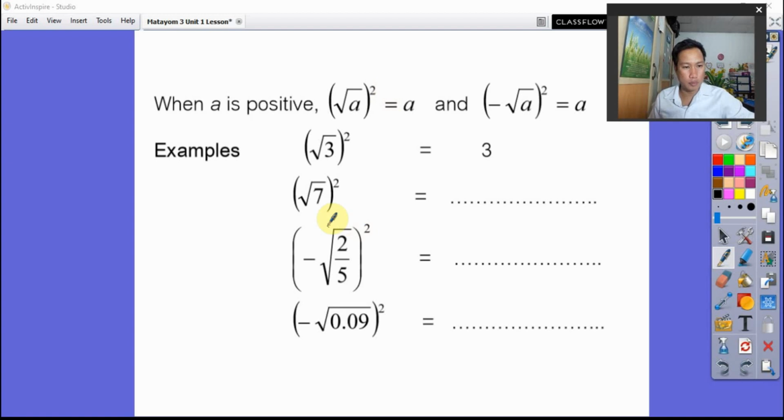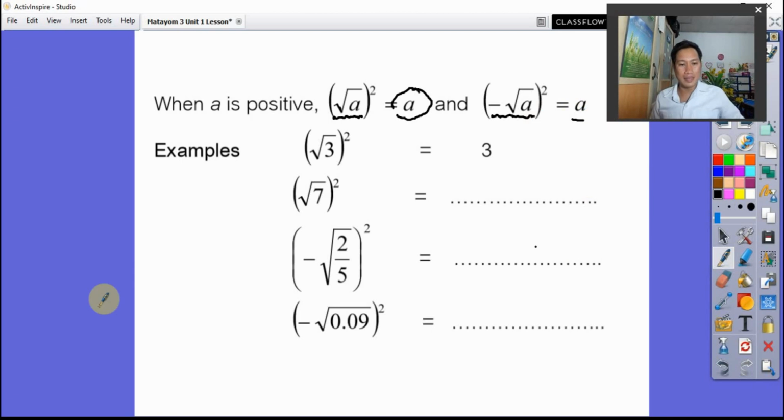For example, you have the square of the root of a. Everything inside here will become positive. Interesting, right? If you have a square here, regardless if it's positive or negative, everything here will become positive.